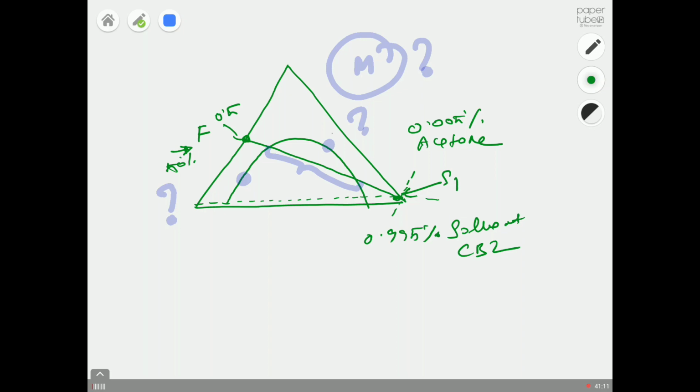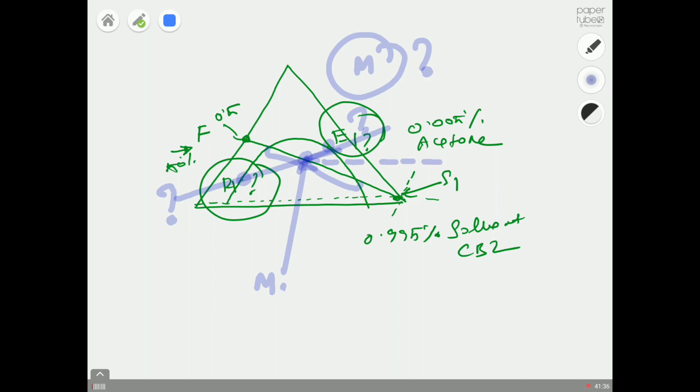So E1, R1, where is that? We don't know. If we have E1 and R1, all we can do is follow the blue highlighter. We can easily connect them, and then I can tell, this is my mixing point M, and from there I can even calculate our composition XF.